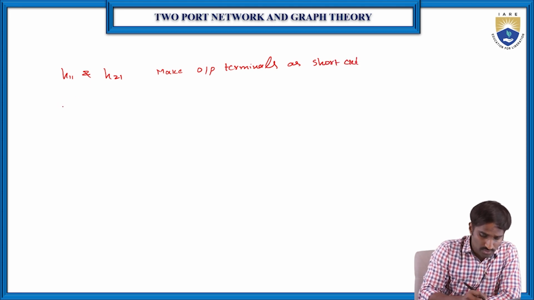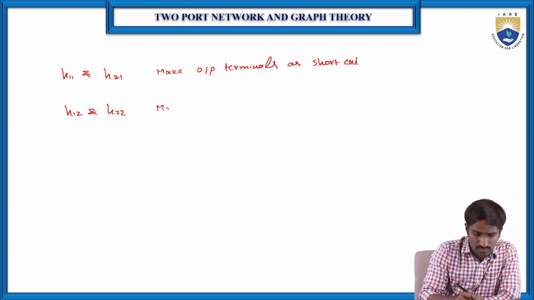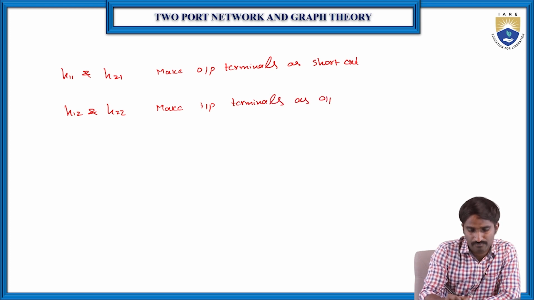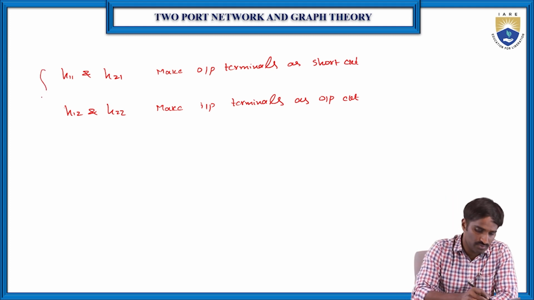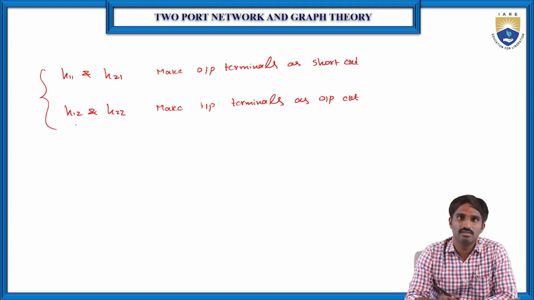And to find the remaining two parameters, H12 and H22, make the input terminals open circuit. So by using these two conditions we can find the H parameters.